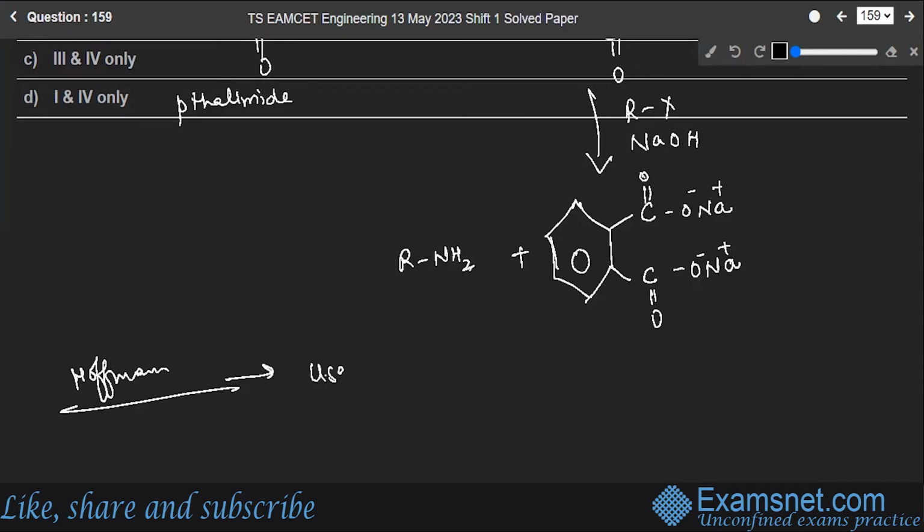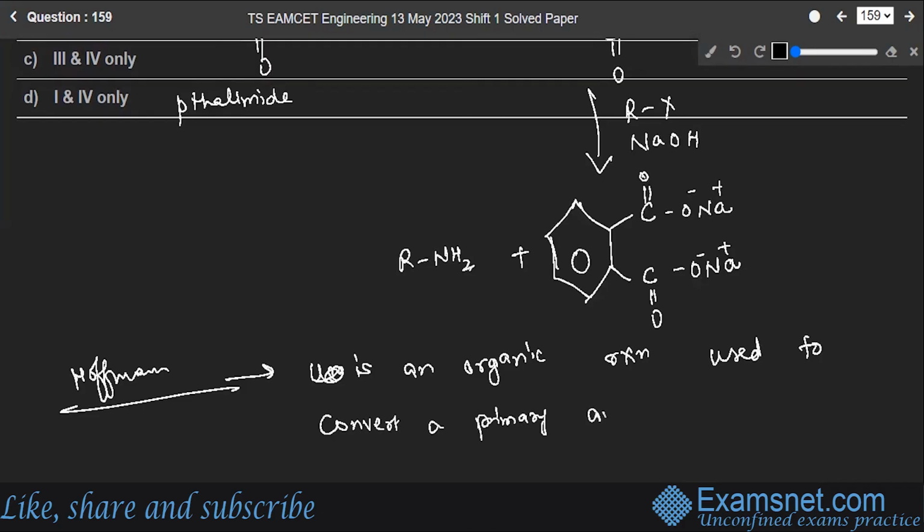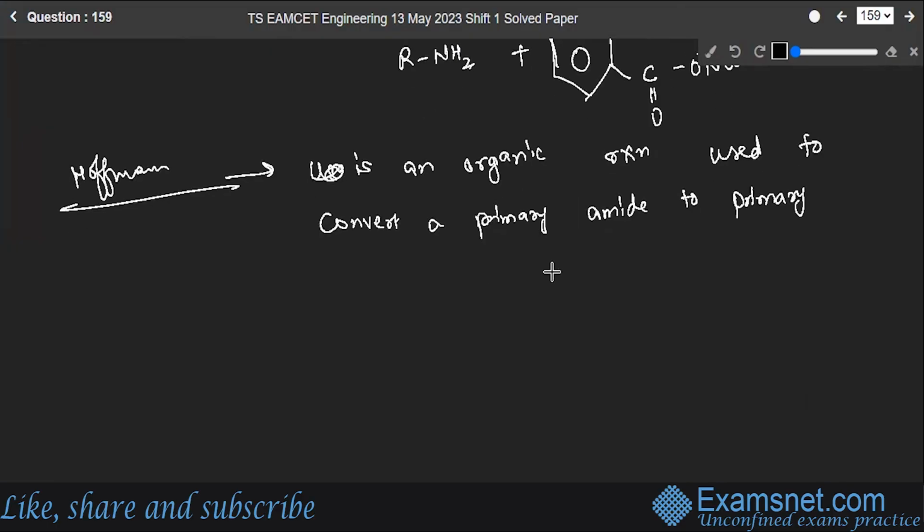This is an organic reaction used to convert a primary amide to primary amine using halogen, base, water, and heat.